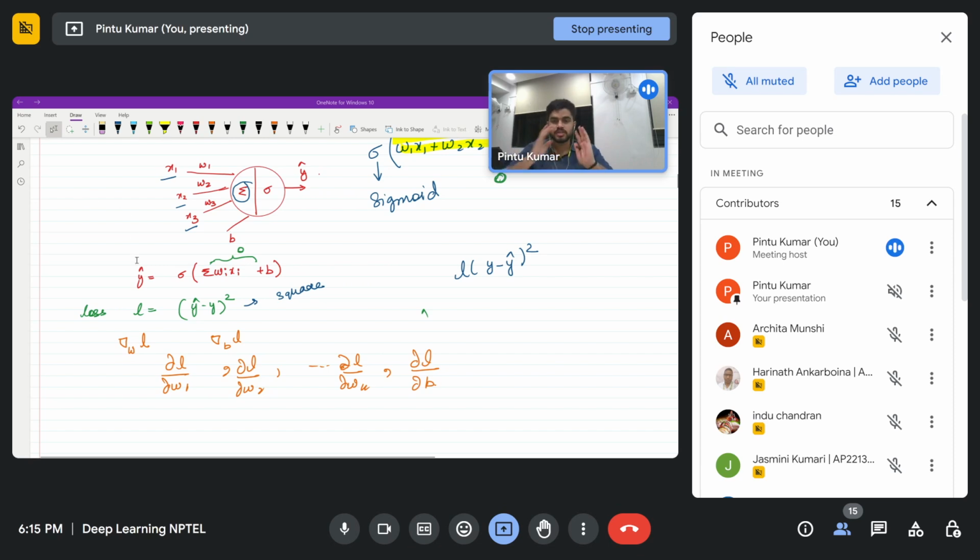For the simple network, you might remember the chain rule. What used to happen in the chain rule is, let's say you have a function like f of g of h of x. So f is a function of g, and g is further a function of h, and h is a function of x.